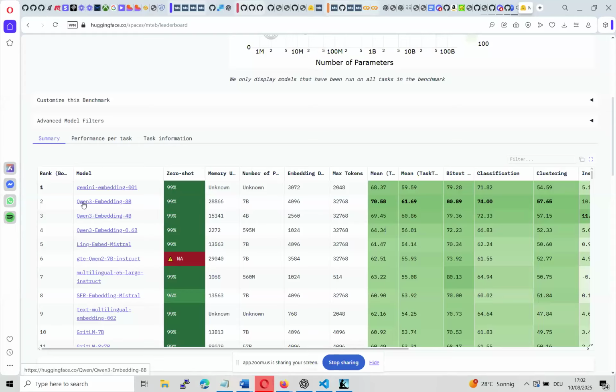Qwen 3 embedding. This is from Alibaba. They developed, by the way, open-source large language models, very good models. I fine-tuned these models, with impressive results. So also for the embeddings. This is the best embedding model which exists today, which has a dimension of 4096, and the maximum number of tokens is 32K.